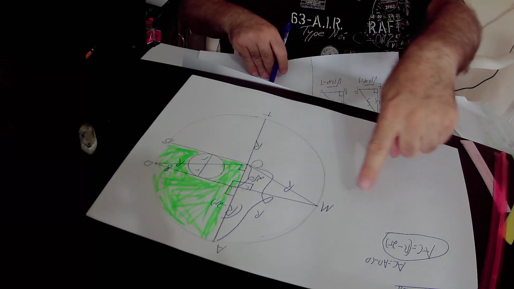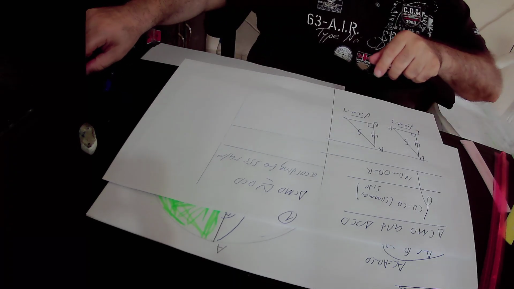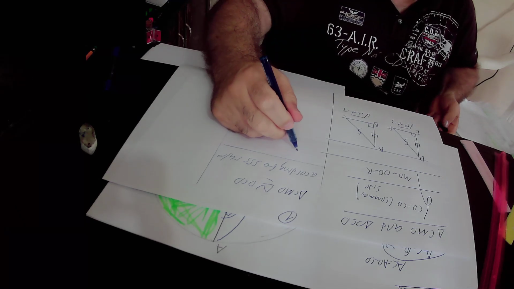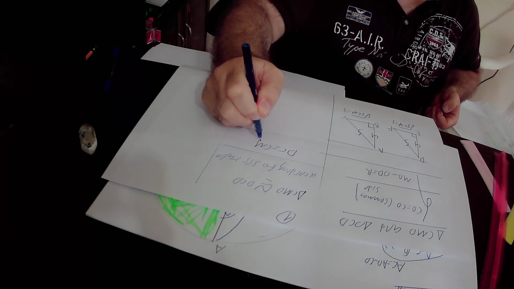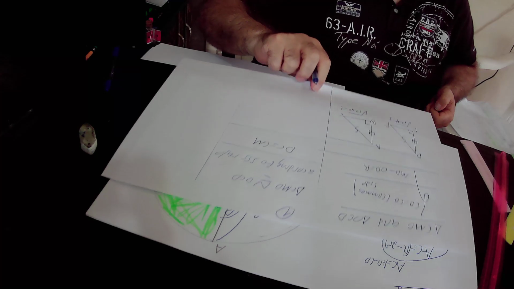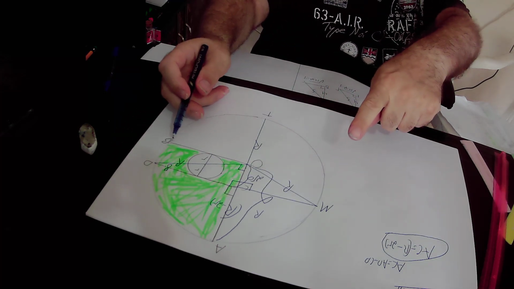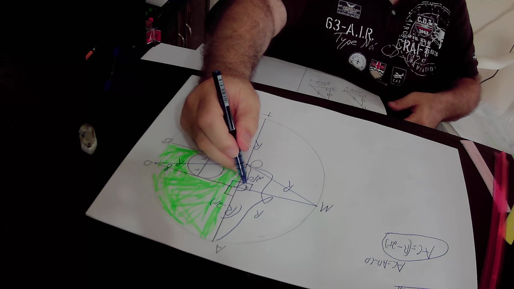DC equals CM, according to the rule that corresponding sides in congruent triangles are equal to each other. Those two triangles are congruent to each other, therefore the corresponding sides, that is to say DC and CM, must also be equal to each other.